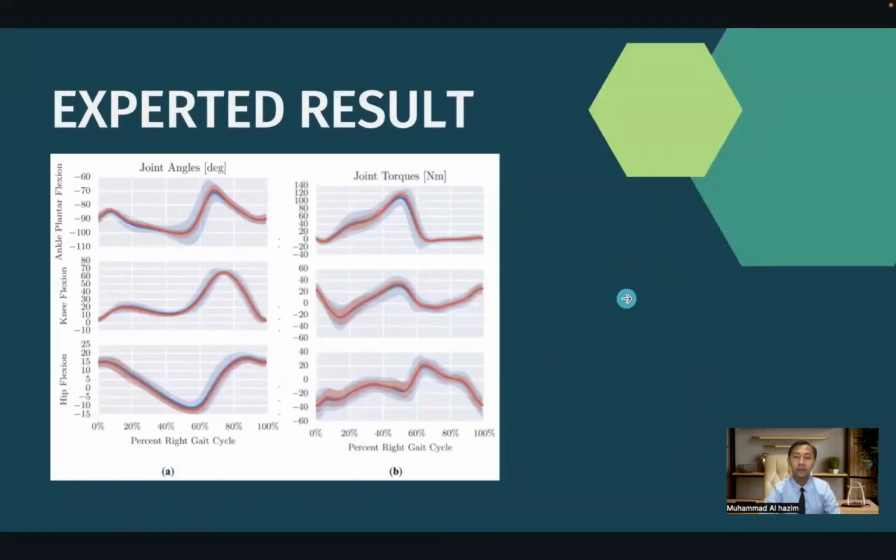This is the joint angle that we can calculate against the percentage of the right gait cycle. This is the graph that I can refer to for my research to make my exoskeleton move smoothly, like the actual leg.